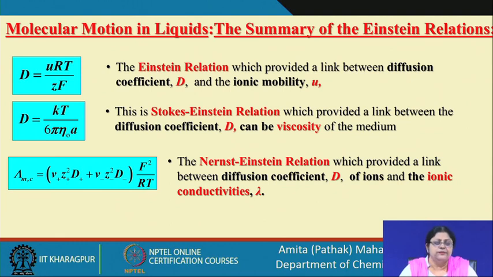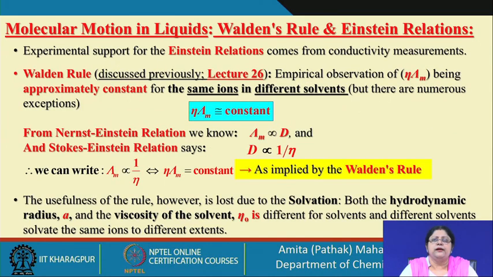So, these relationships we have established can be more or less established through experimentation through measurement of conductivity. We will talk about the conductivity measurement towards the last of the lectures. What we have to recapitulate is Walden's rule, which we had discussed in lecture 26 in quite detail.